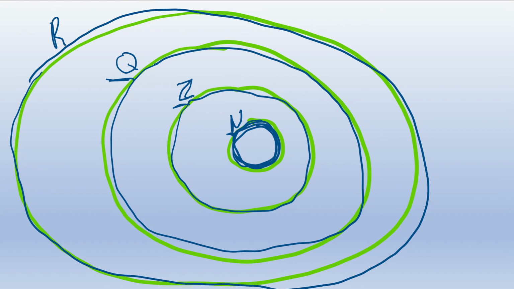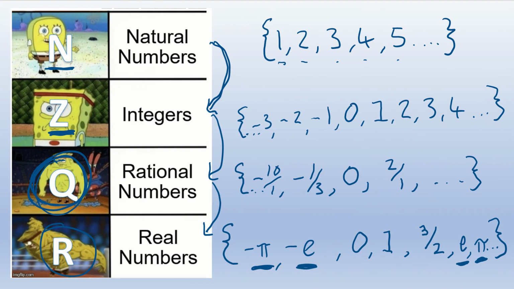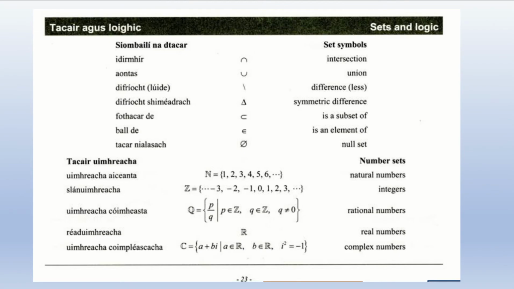Okay, that was an introduction to all of these numbers, and it will help you if you learn what those numbers actually mean. But if you forget, or on the day of your exam you just want to make sure, you do have a backup, because on page 23 in your log tables it tells you about your natural numbers, your integers, your rational numbers, and your real numbers at the bottom of that page.